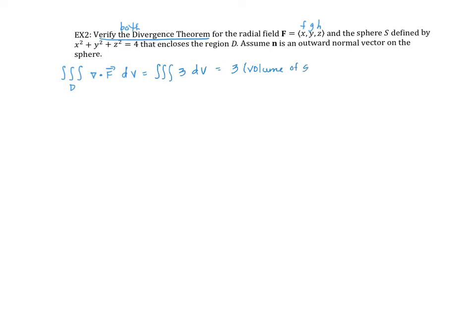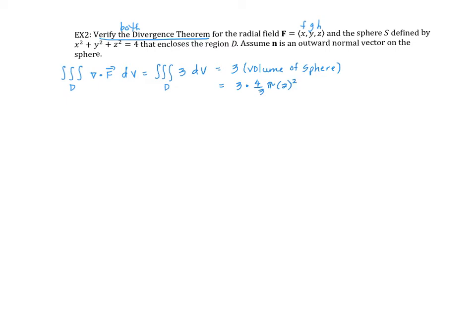Or you could set up all those limits of integration. I tend to do things the easiest possible way. When we look at the volume of a sphere, it's 4/3 pi r cubed. In our case, r is 2. This is going to be 3 times the volume of the sphere, which is 4/3 pi times 2 cubed.